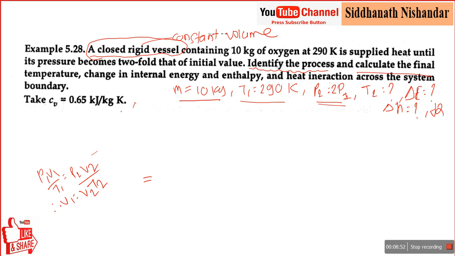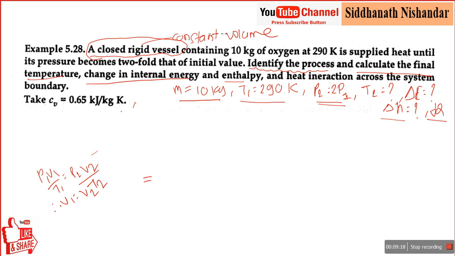Calculate final temperature, so T2 is unknown here. Change in internal energy, delta U, is unknown here. And enthalpy and heat interaction across the system boundary. So the unknowns are delta H, change in enthalpy, and heat interaction, that is dQ.